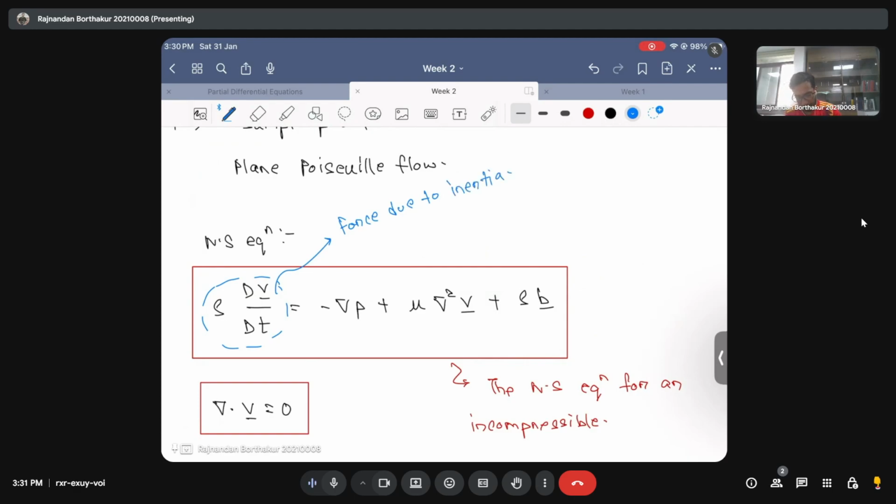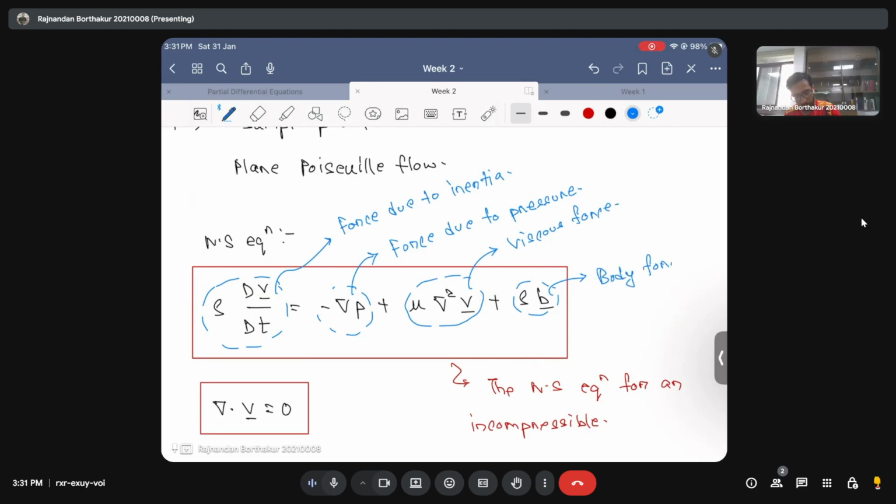And this gradient of P, maybe you can include the minus or not, that is up to you, this gradient of P is the force due to pressure. And this mu times del square V is the viscous force. And this rho times g is the body force.